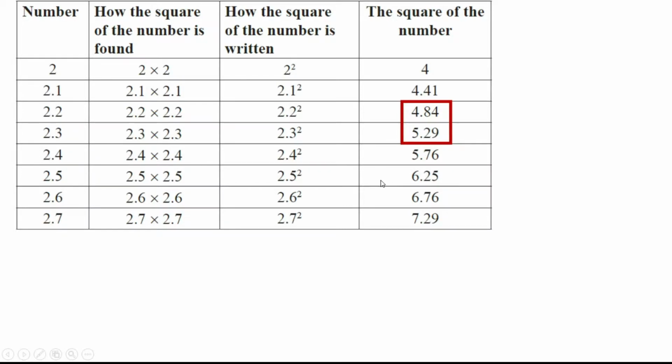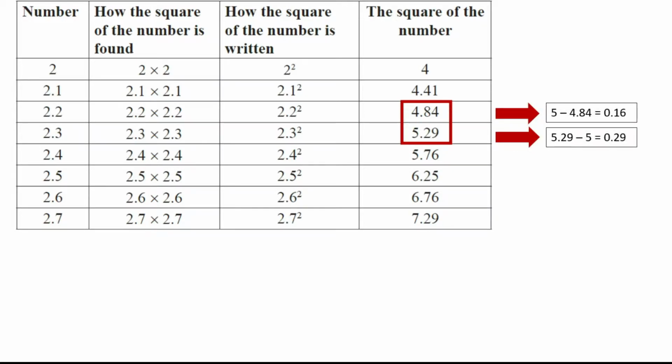Now let's see which value out of these two, 4.84 and 5.29, is closer to 5. For that, we have to find the difference between 4.84 and 5 as well as the difference between 5.29 and 5.